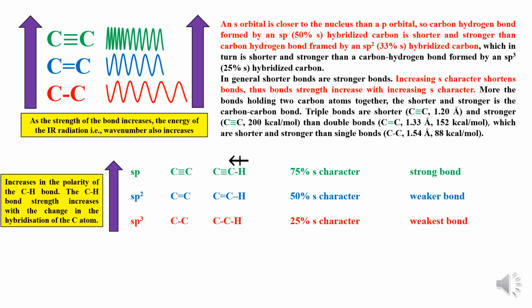And that is why the CH bond in case of alkyne has a high dipole moment, that is to say it is more polar as compared to that of the CH bond in case of alkene and alkane.